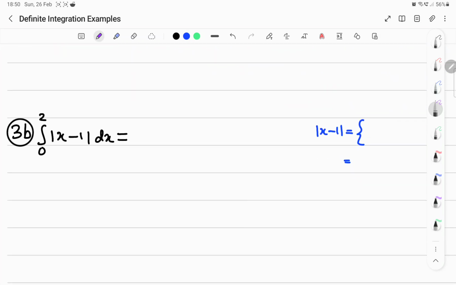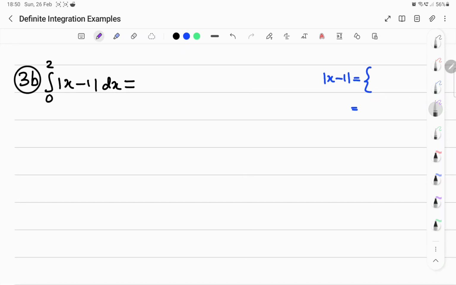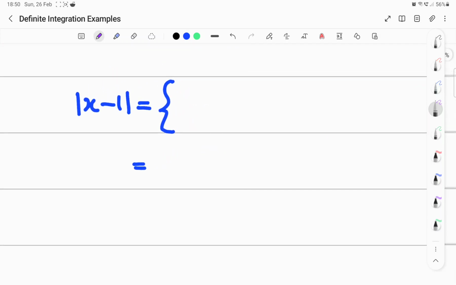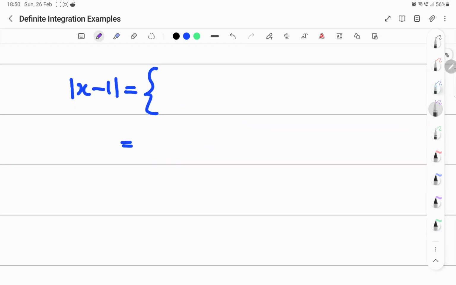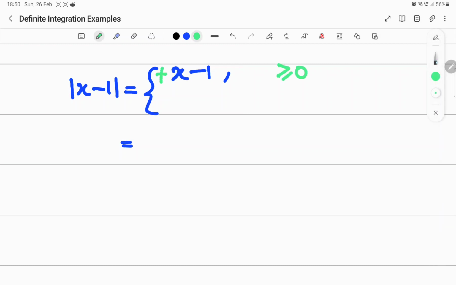Okay, let's go to the second one. Same drill. We have to define x minus 1 first. So x minus 1 is positive when it's greater than 0, and then we can write x minus 1 over here.